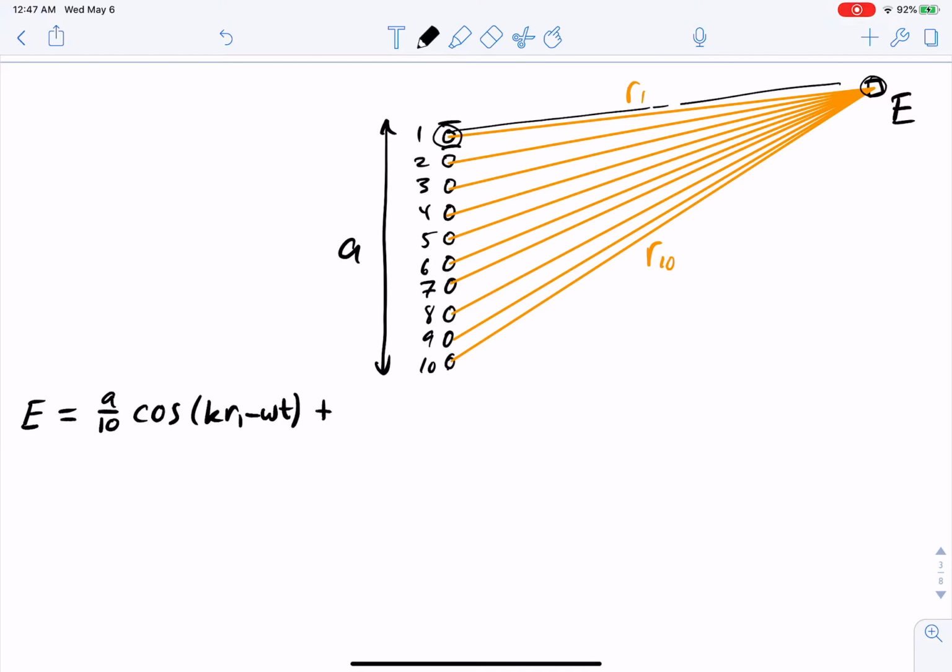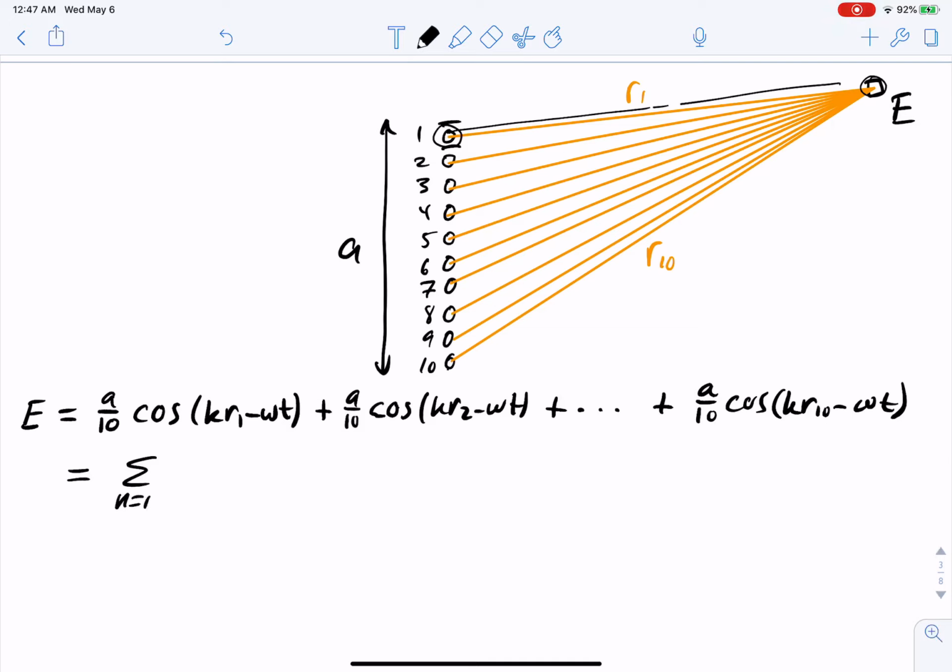So then we'd add in the next one, and so on, down to the last one. So we could write that out a little more succinctly like this.